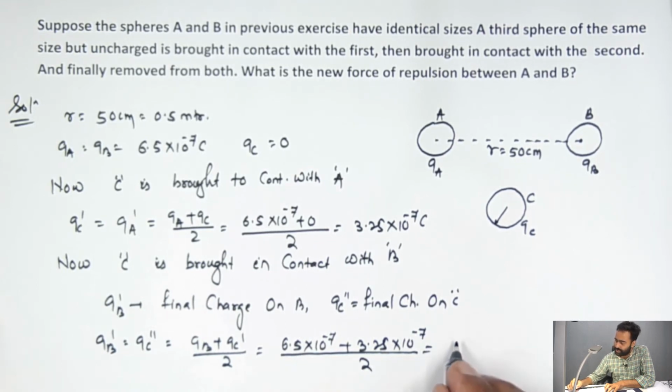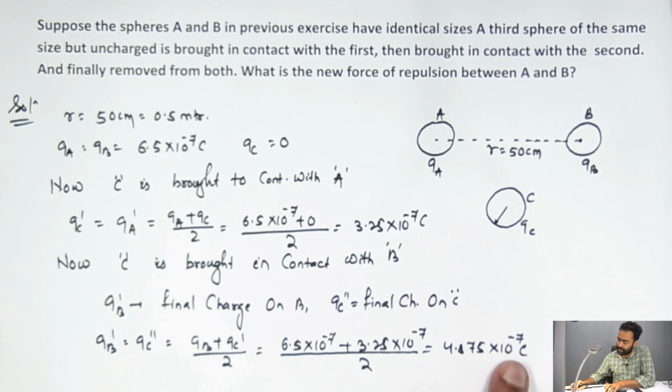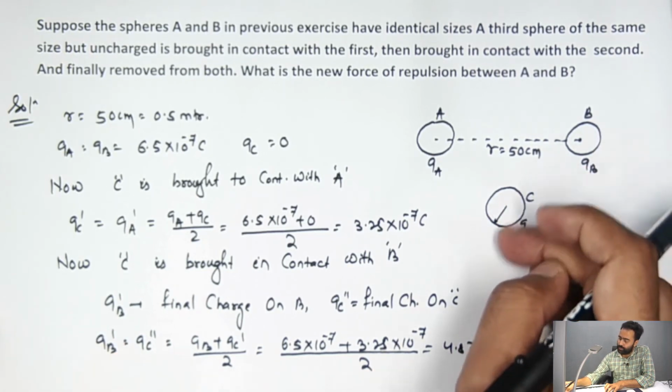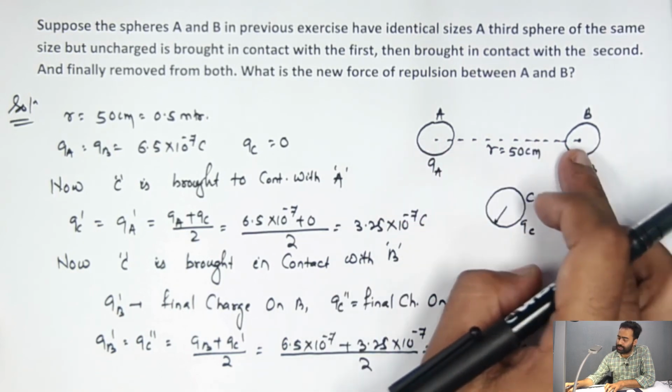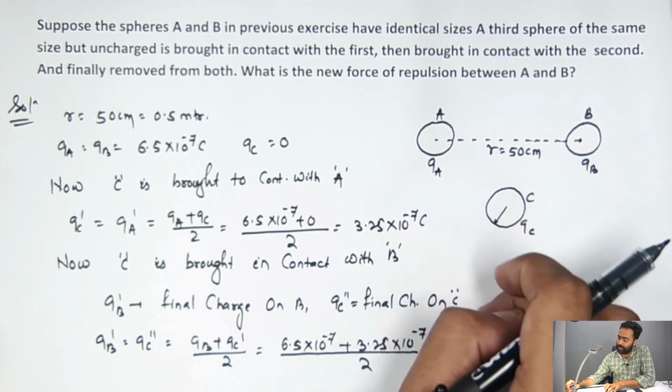On simplification, this will be 4.875 into 10 to the power minus 7 coulomb. So this will be the final charge on C and this will be the final charge on B. Now C is removed from B. Now we can find the new charges on A and B after removing C.